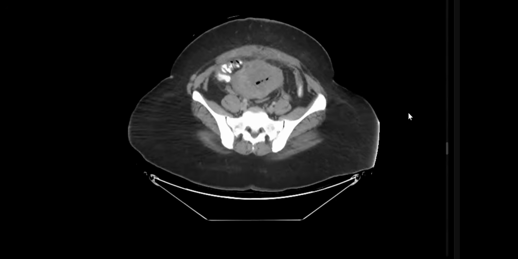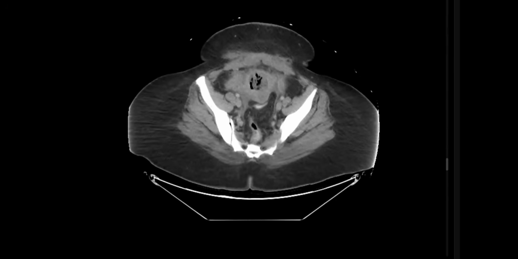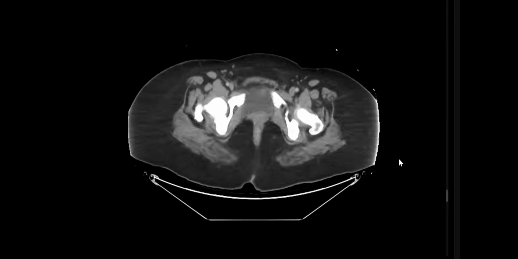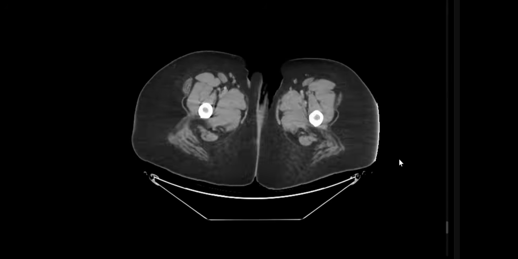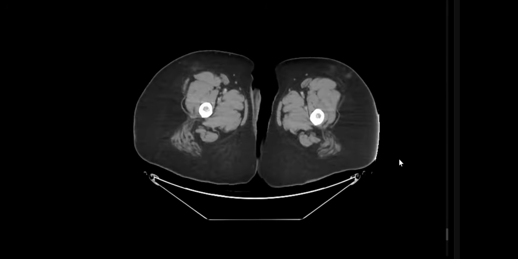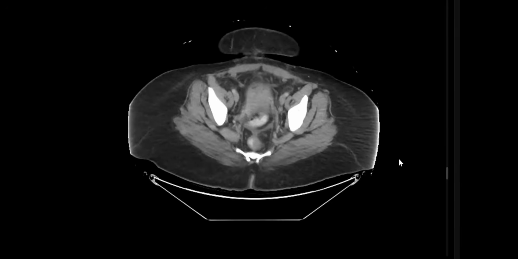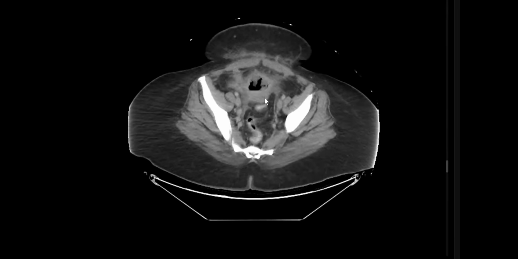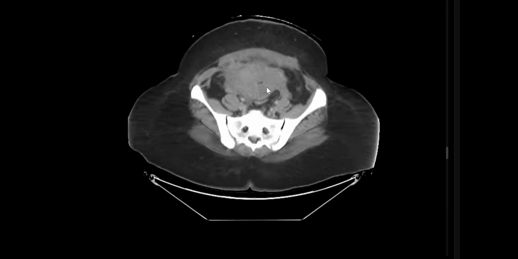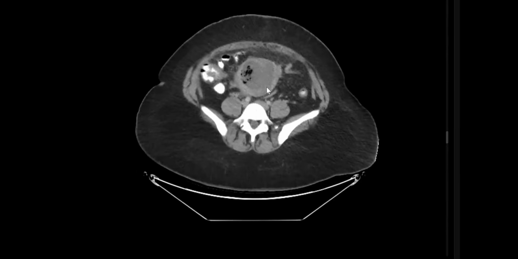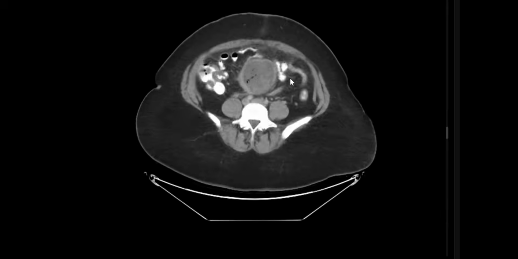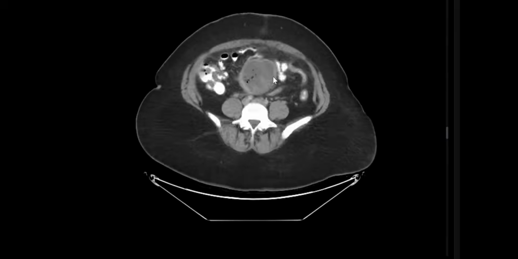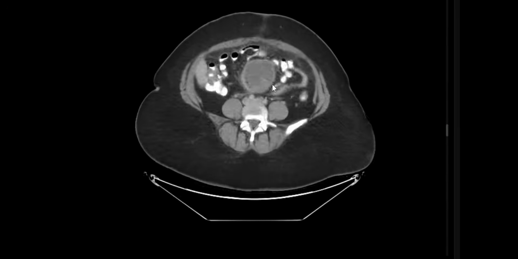I am scrolling the images from first to last before I start giving my comments. In these images, I can see some amount of air foci noted within the vagina with heterogeneous contents, extending from the cervix up to the uterine cavity. The uterine cavity also appears distended with some fluid and heterogeneous contents and some air foci within.